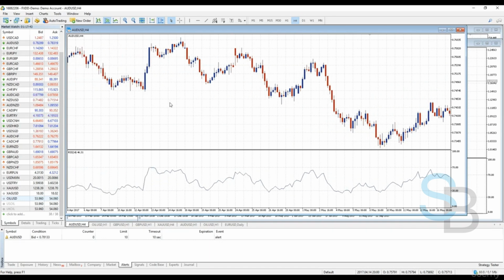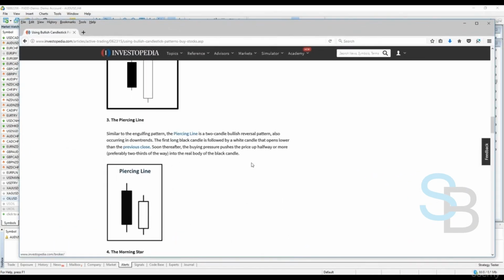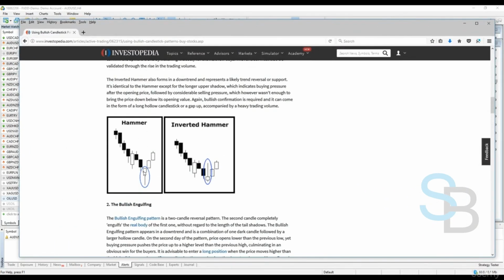A hammer doesn't necessarily have to be exactly like it looks in the textbook either, guys. It doesn't have to be exactly like this. Sometimes you'll see a little wick on the upside. Sometimes you'll even see the candle body still bearish, so in this case it would be black instead of white. It is definitely better to see a bullish hammer, which is what this is here.